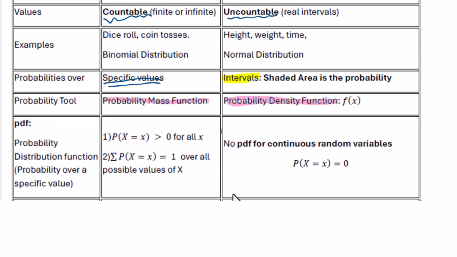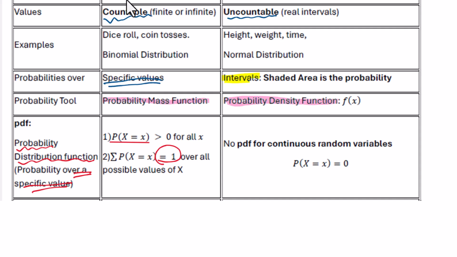Let's talk about PMF, the probability mass function. It's about the probability over a specific value. For a discrete random variable, any probability over a certain value is greater than 0, and the summation of all the probabilities is 1.